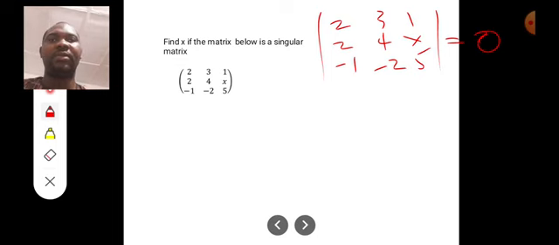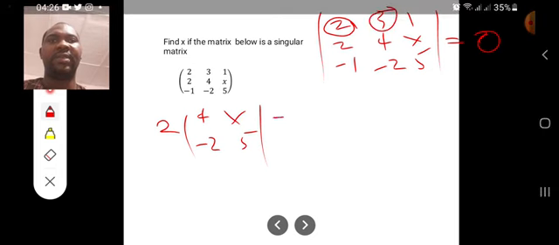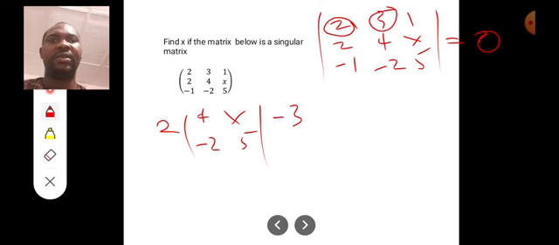So we're going to start with 2. To eliminate the row and column, we're going to have 4, x, minus 2, 5. Then we have 3 here. That's minus 3, it is plus minus plus. If you eliminate the row and column under 3, what do we have? We have 2, x, minus 1 and 5.